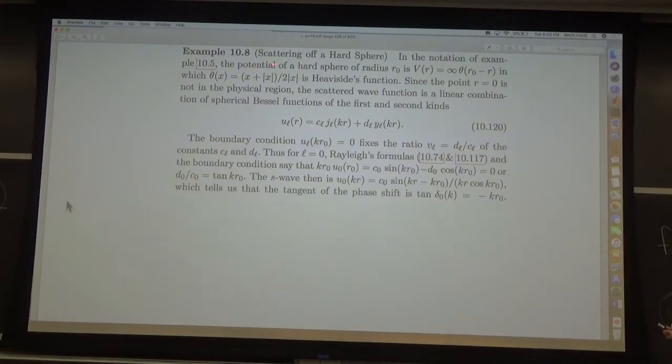And so your L wave function, which is an angular momentum eigenstate, has to be a linear combination of both spherical Bessel functions. And the boundary condition that the sphere be hard, which is that the wave function vanishes at the surface of the sphere, gives you the ratio of D to L, and you can then compute the phase shift.